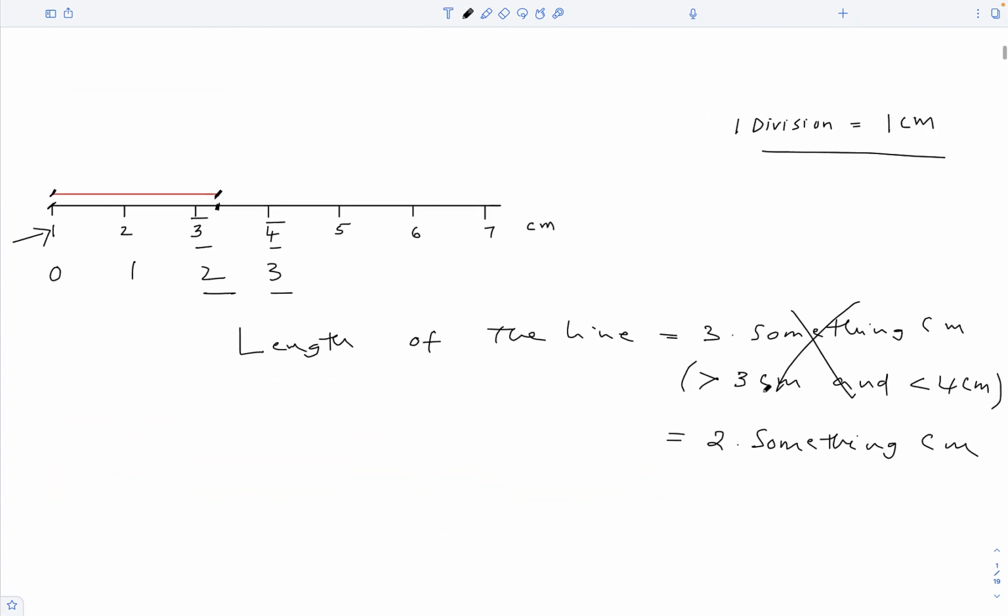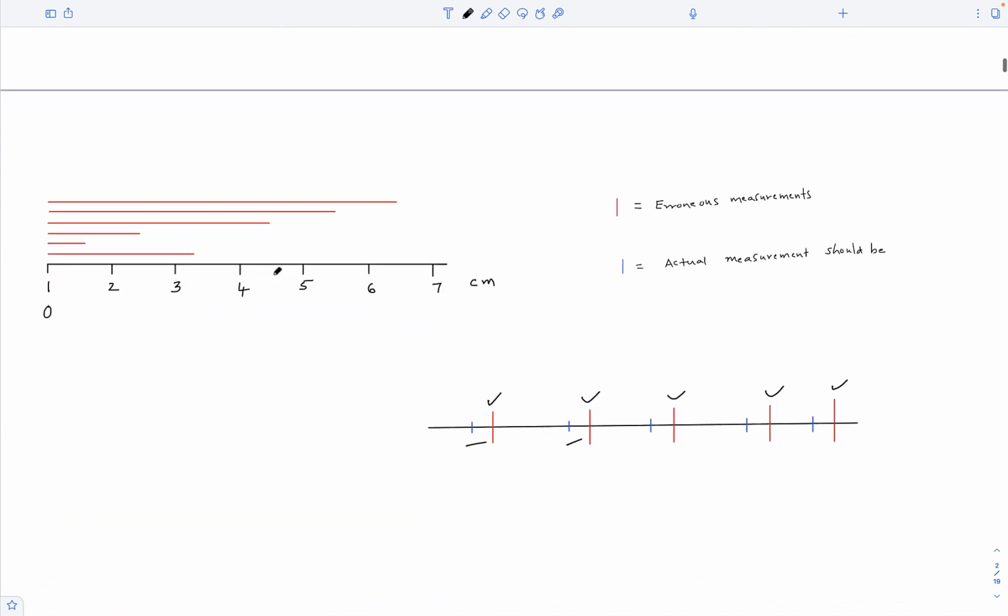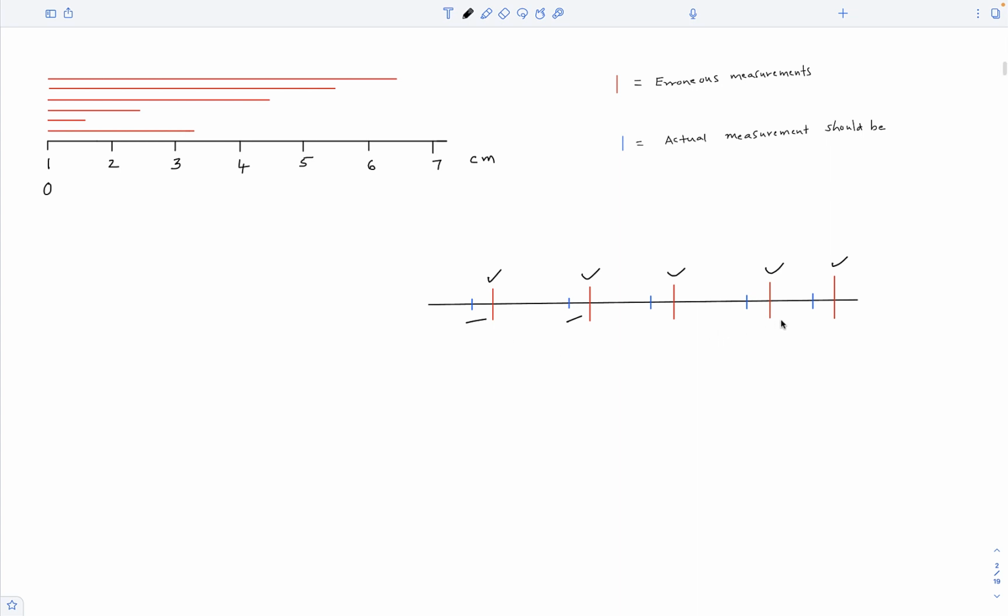See, in this case, if the actual length is between 2 and 3 centimeters, the measurement we obtained says that its length is between 3 and 4 centimeters. It is bigger than the actual value. So, every length measured using this scale will be bigger than its actual value.